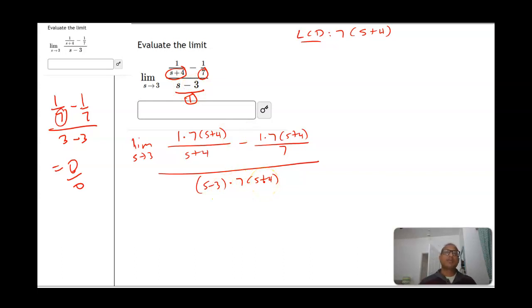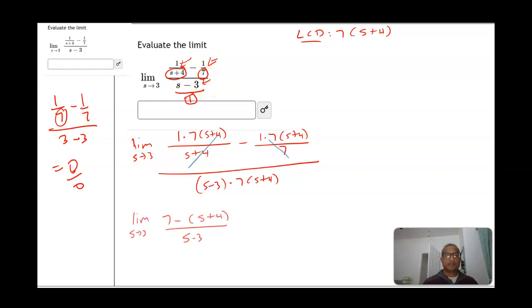The reason we can do this is that if you multiply all the terms of a rational function by the same thing, it's like multiplying the whole thing by 1. So the LCD is 7 times 1 times s plus 4, and you multiply all the numerators by the LCD.